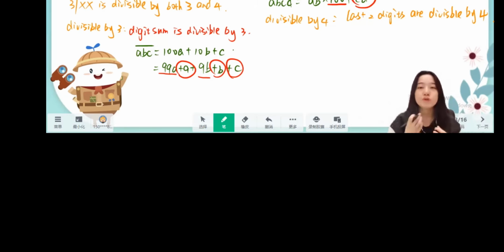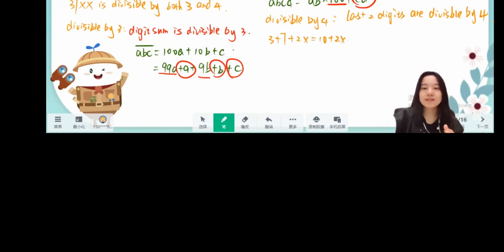Now let's move on to 3's divisibility. We need to check the digit sum. 3 plus 7 plus 2x equals 10 plus 2x. As long as 10 plus 2x is divisible by 3, it is what we want. So 10 plus 2 times 0 equals 10, but it's not a multiple of 3, so we need to exclude A. Then when x equals 4, 10 plus 2 times 4 equals 18.